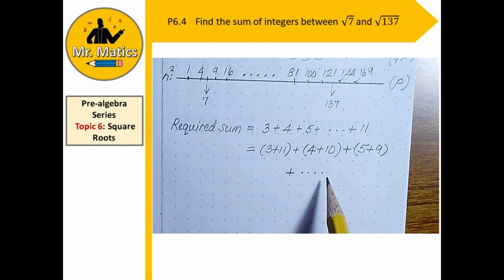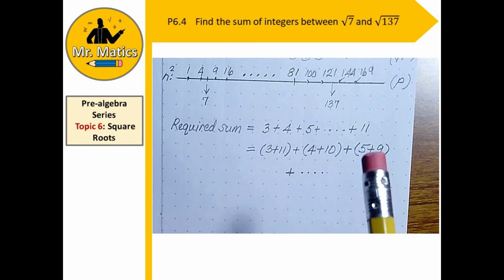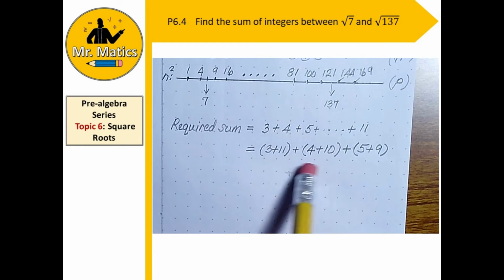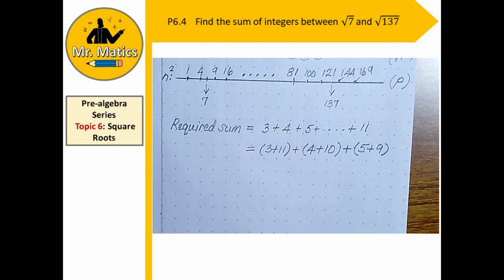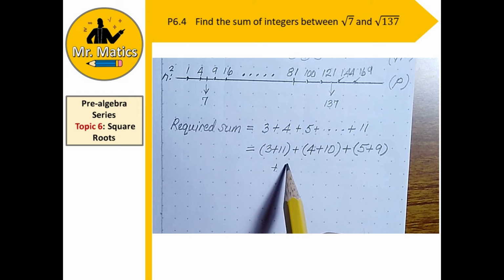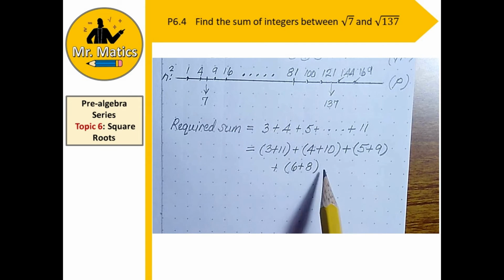So where will you end up? 6 is going to be with 8. So I don't have to actually write dots here, because after 5 will come 6, paired with 8, and then 7 will be left alone. 7 is in between. 7 doesn't have any number to pair with.